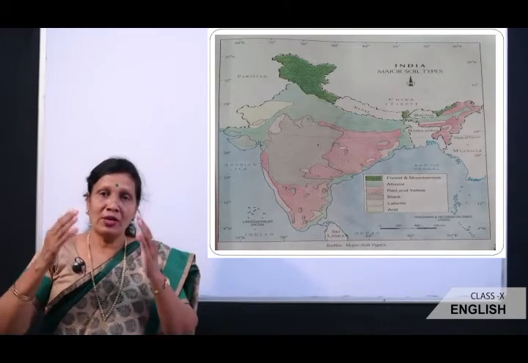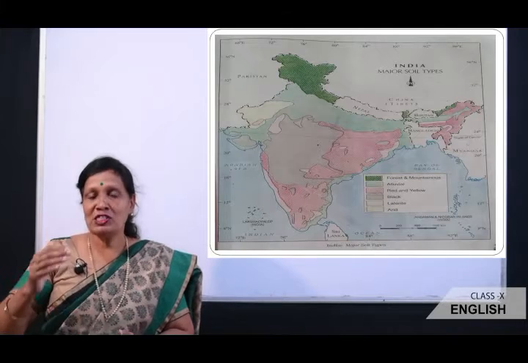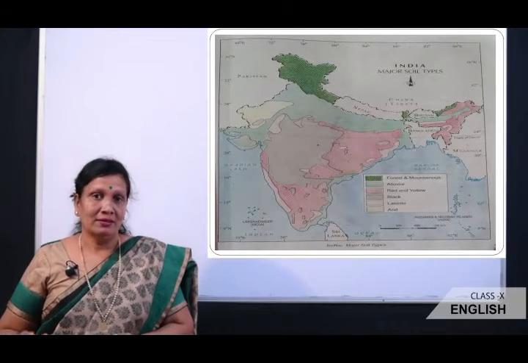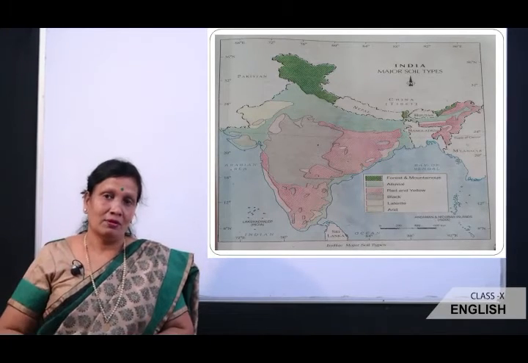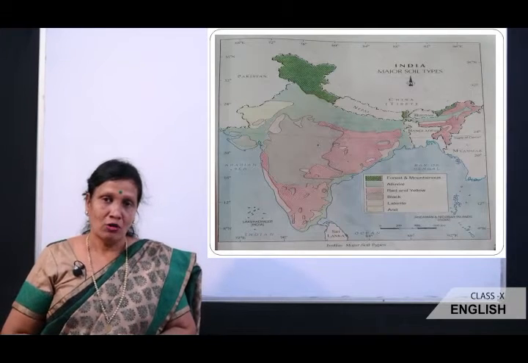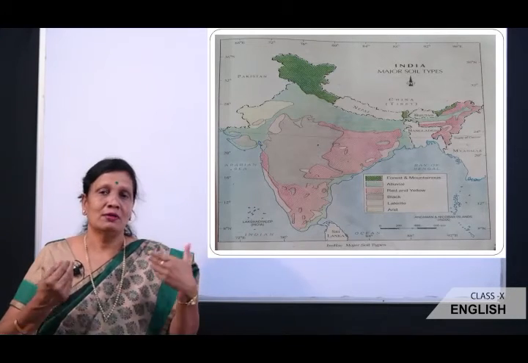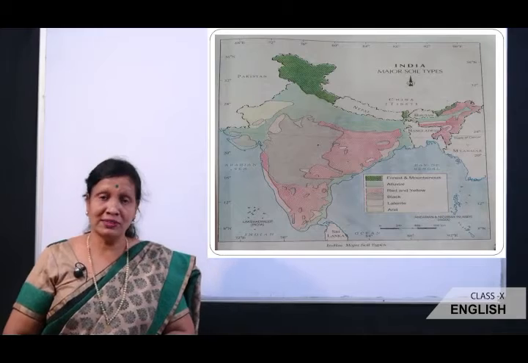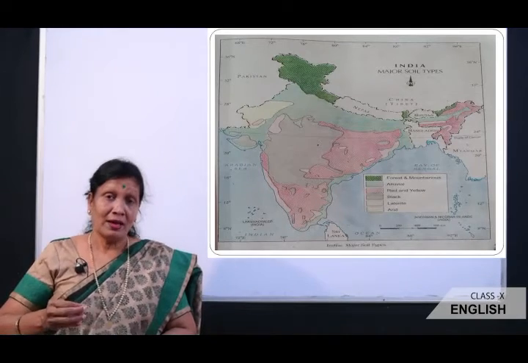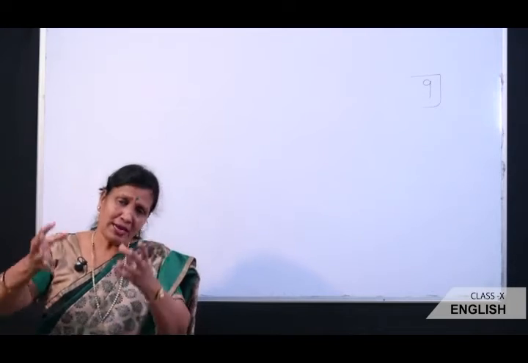Whenever you read that particular chapter, please try to analyze these visual stimuli, the charts or maps or line graphs or bar graphs, and then write down the points. Try to write a paragraph. This will help you to write paragraphs in a creative and better way.